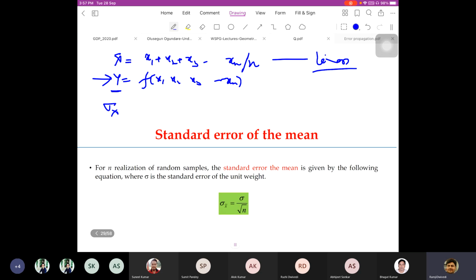If you have to write, sigma x bar square would be sigma coefficient 1 square sigma x1 square plus sigma x2 square plus sigma x3 square and sigma xn square.